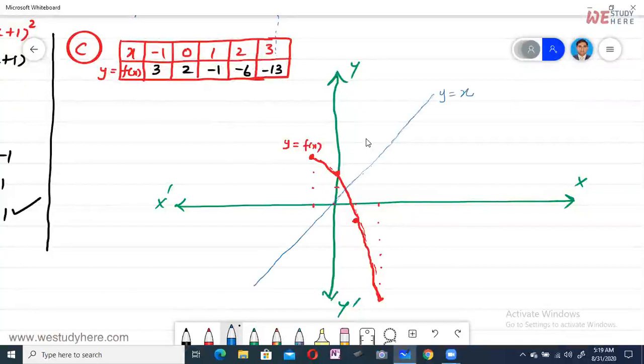Now to draw the image of this graph, what we will do: as here this point, the first point we have taken, is along the x-axis -1 and along the y-axis 3. Then we will go along the x-axis 3 and along the y-axis -1. From this point we can start.